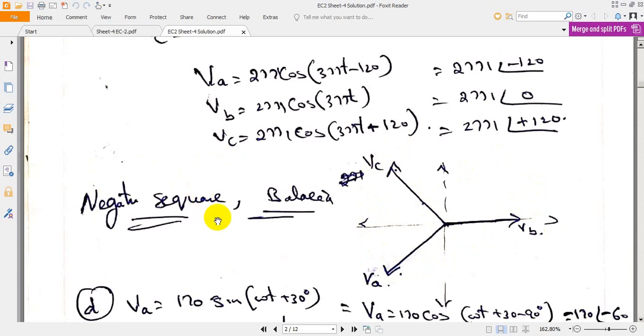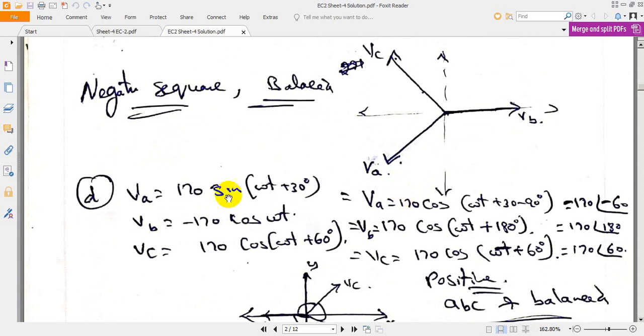Positive sequence is ABC, negative phase sequence is ACB, and the system here is a balanced system with a negative phase sequence.